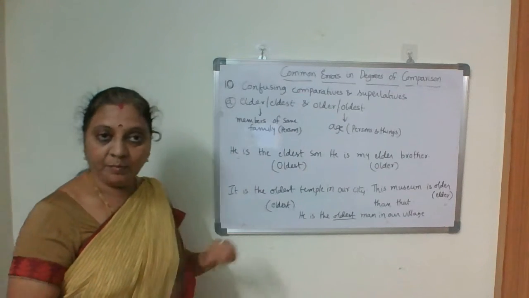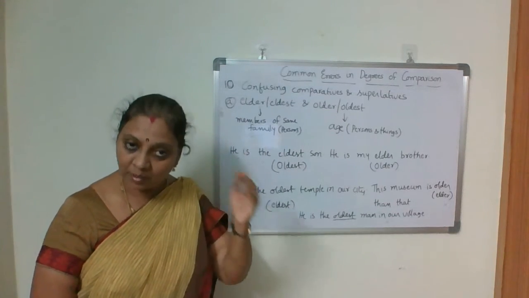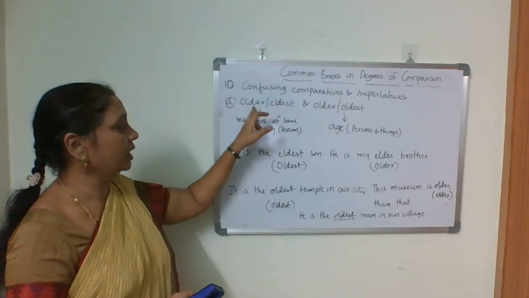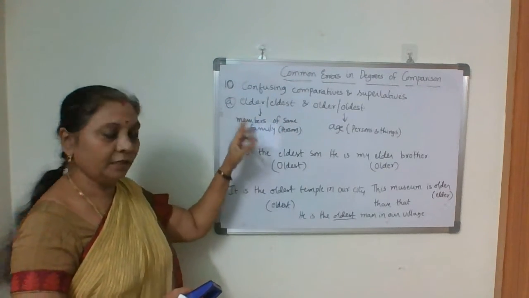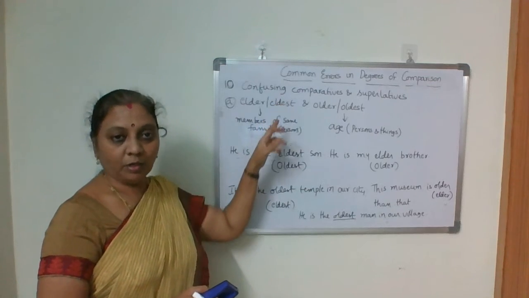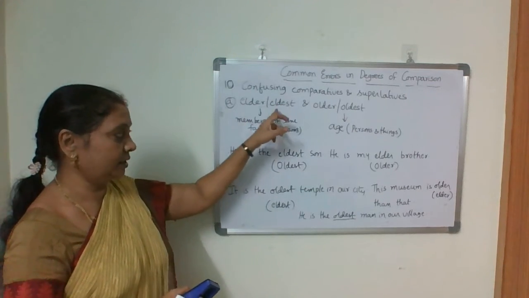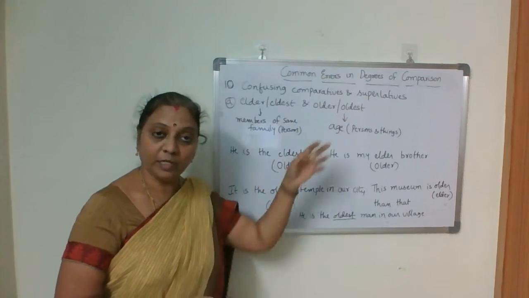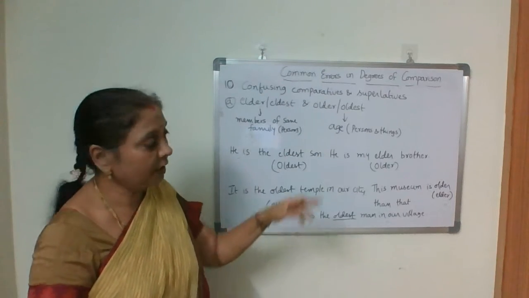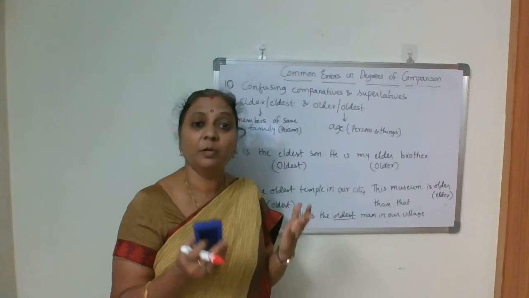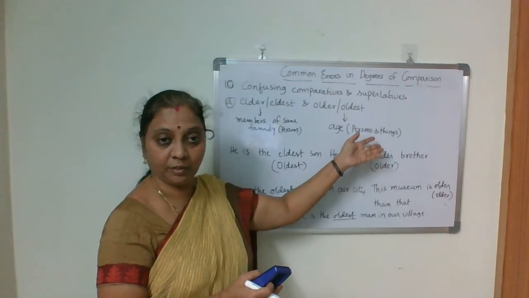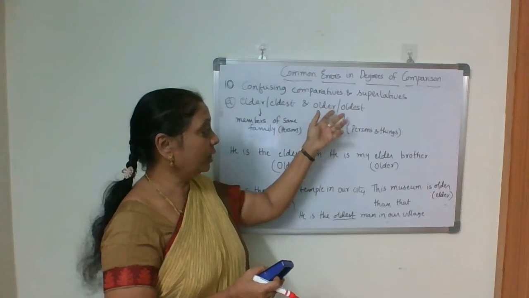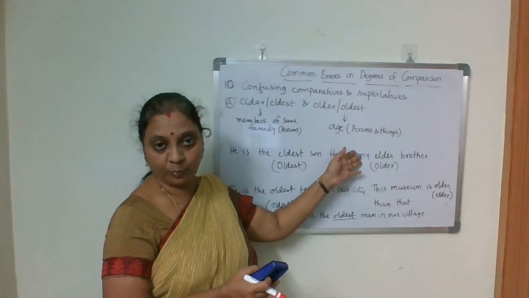Elder and eldest are used when we talk about members of the same family, usually persons. Older and oldest are related to age, and we can use them for both persons and things.